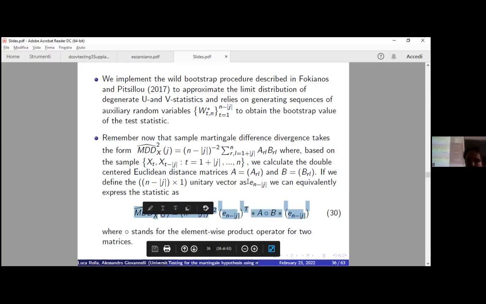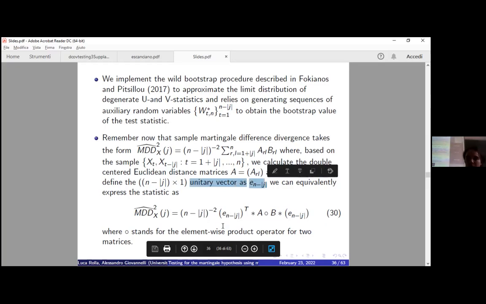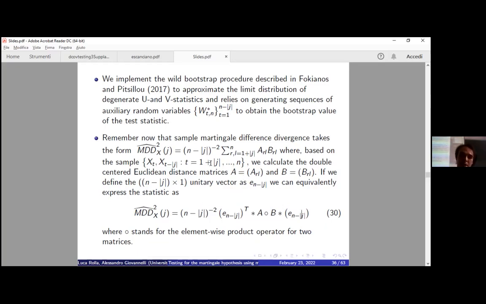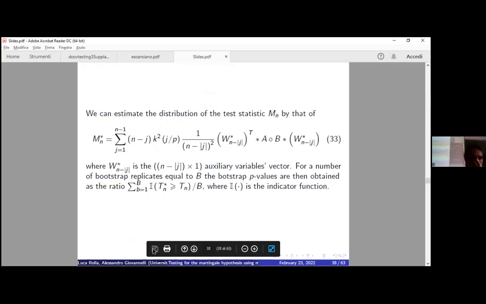This is a unitary vector, then this is the element-wise product of the two matrices, and this gives us a double sum. The bootstrap is computed like this. Once we have these auxiliary vectors, we can pre-multiply and post-multiply the element-wise product of the two matrices, and we have a double summation weighted by the elements in the auxiliary vectors.